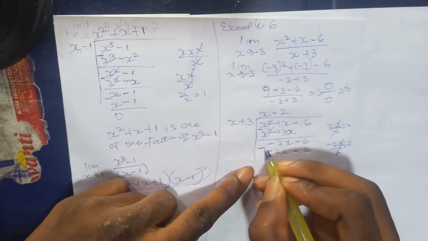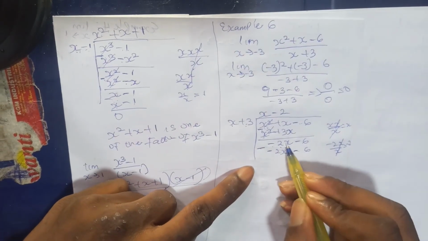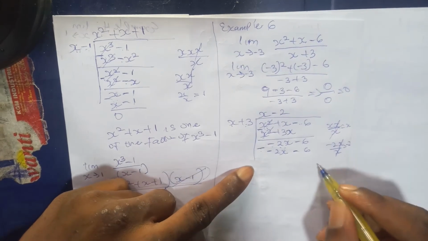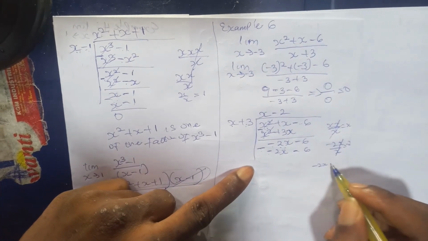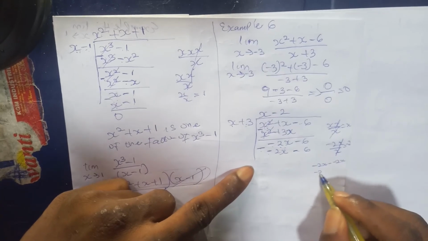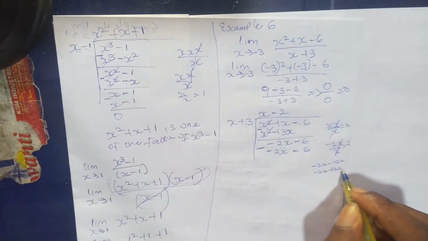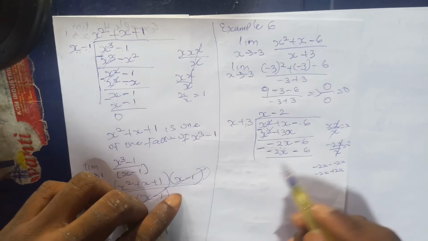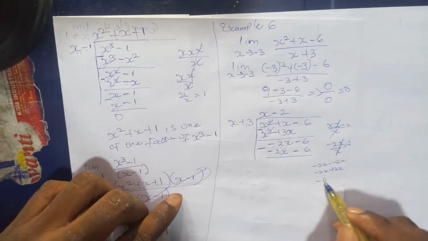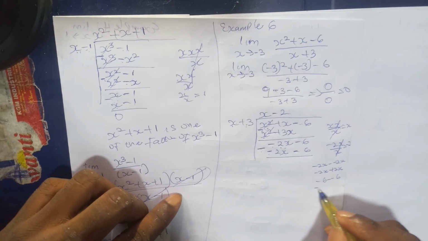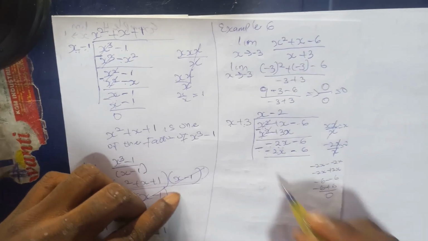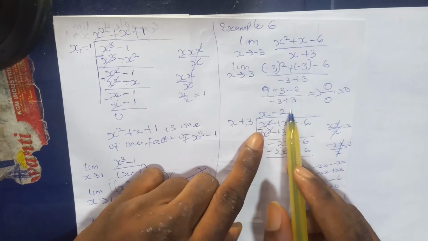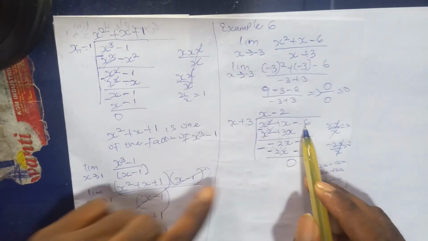Now inputting your minus here, minus 2x minus minus 2x will give us minus 2x plus 2x, which gives us 0. Now minus 6 minus minus 6 also gives us minus 6 plus 6, which gives us 0. Now the answer we got here is a factor of this.